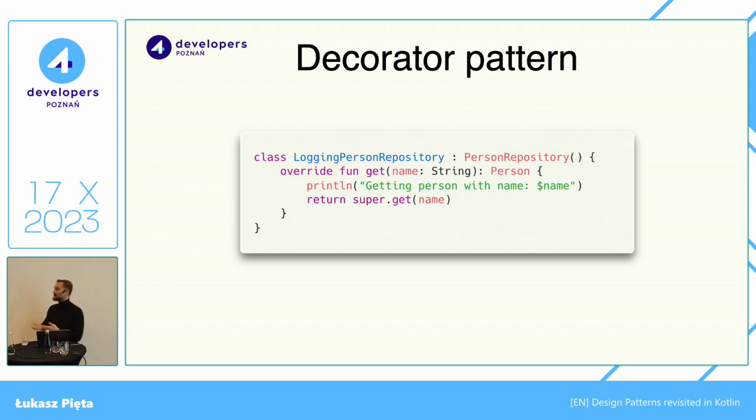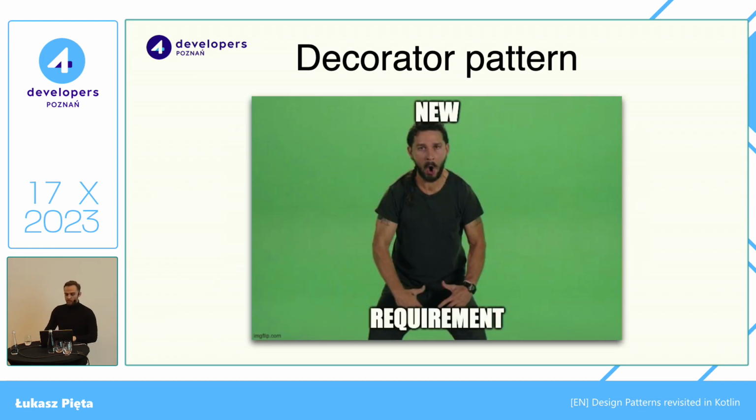It's simple, right? We can do this. This will work. We can just create a subclass and override the method, decorate it, and then invoke a base class, and it will work. But a few days later, after deploy, the same person, I don't know, PO, PM, Scrum Master, whoever it is, comes and says, okay, it was great, it worked great, users are extremely happy, they can see logs, nice.